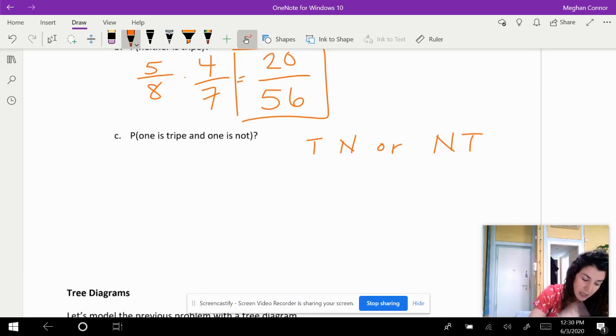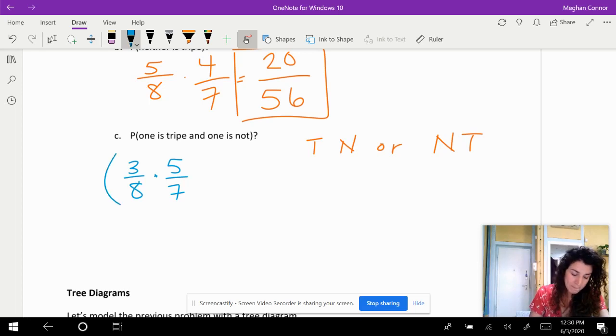So the probability of the first one being tripe would be 3 out of 8 times, and then the second one not being tripe, there's still 5 that are not tripe, but now only 7 in the bag. So that's the first one being tripe, and then the second one being non-tripe.